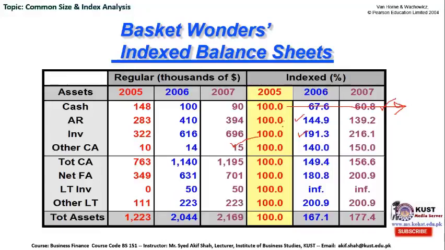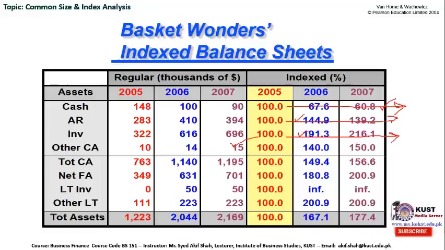Similarly, we can make analysis on account receivable, which is stating that our account receivable position has been increased, so we can infer that the credit sales of the company are getting increased with respect to year 2005. We can also make similar trend analysis for inventory, and we can conclude that the stock of inventory is increasing with respect to 2005 in 2006 and 2007.